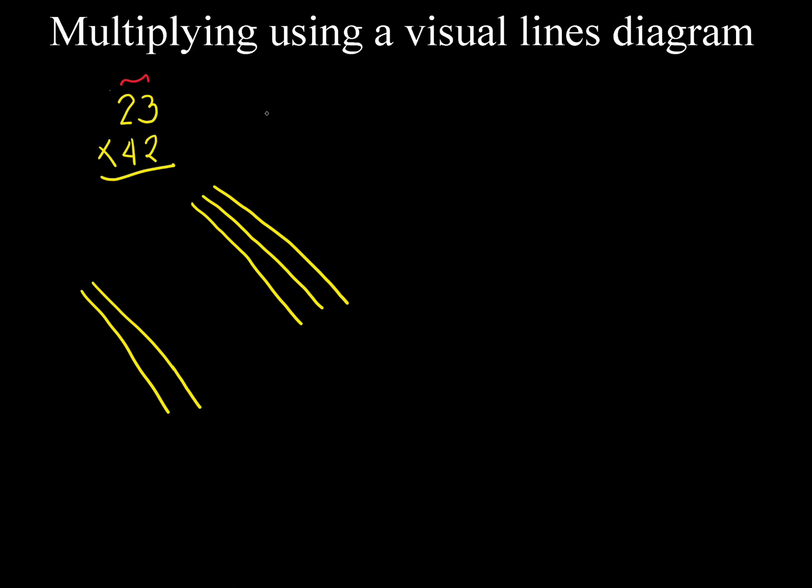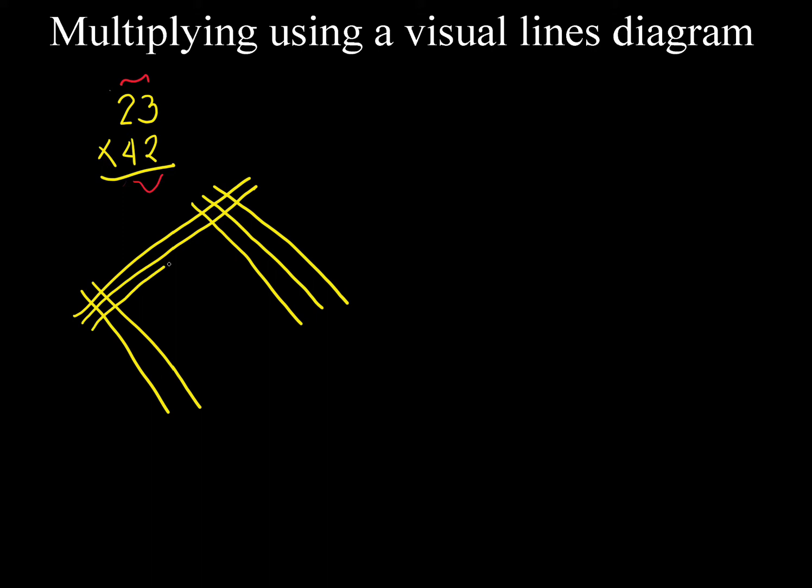Easy, right? Now, let's take a look at our 42. What's going to happen is I am now going to create an almost perpendicular line, and I'm going to start with my 4 right on top. So of course, that's going to give us 4 lines.